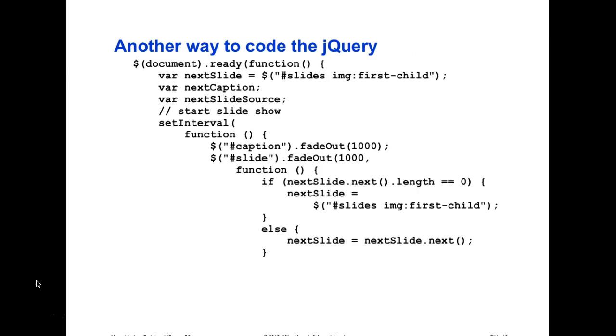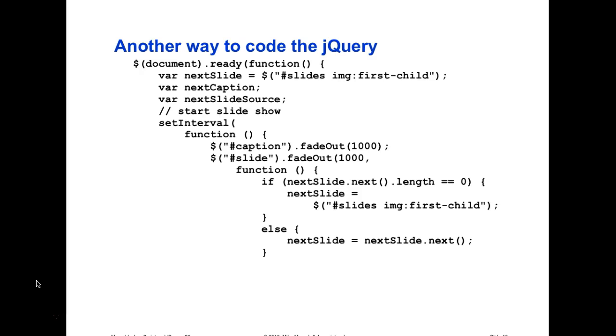And as we scroll down, our closure is to fade out the original caption in 3,000 milliseconds, 3 seconds, and then run our closures, which is figuring out, without going through that complicated modulus operator, if the next slide, next element sibling, if the length is 0, then the next slide equals the first child.